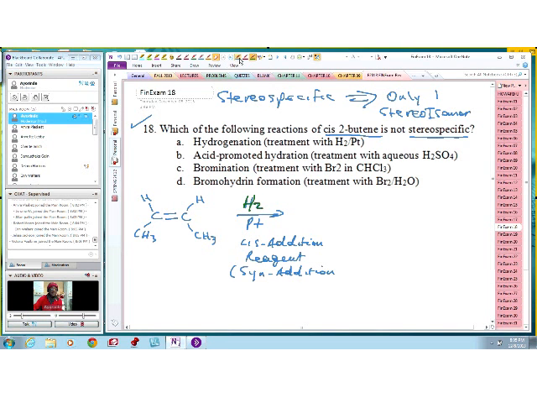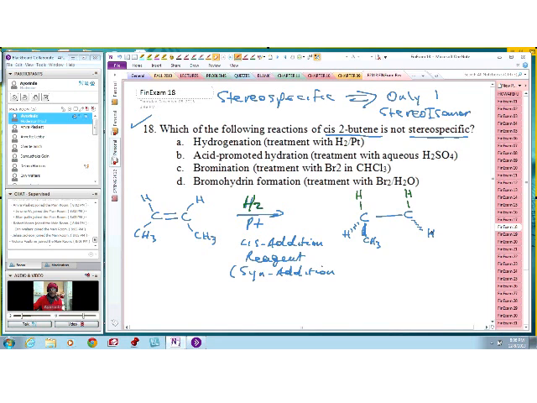Okay, so let us see what the product will be. Let me use a green color here for hydrogen. So you have hydrogen coming in, adding to the carbon-carbon double bond. Hydrogen comes here, and hydrogen comes here. And then it pushes down this hydrogen here, and also this methyl coming at us, and this hydrogen here going away from you.